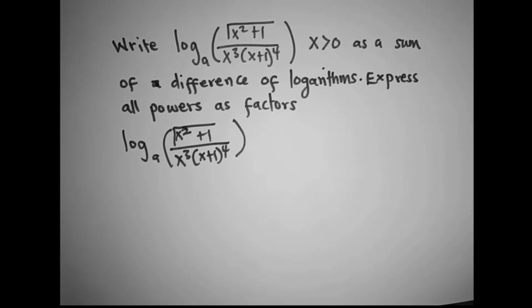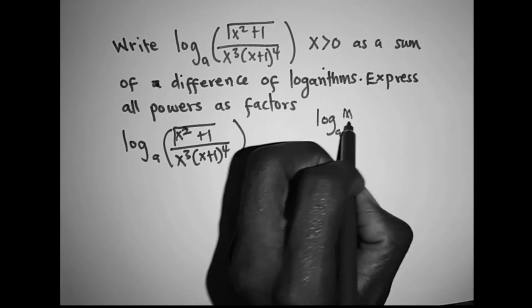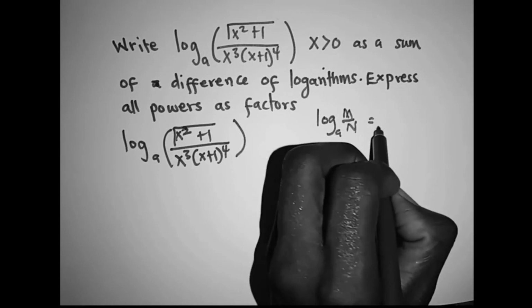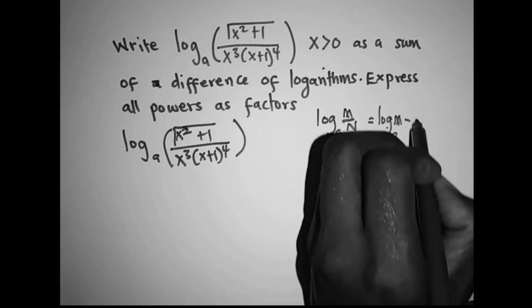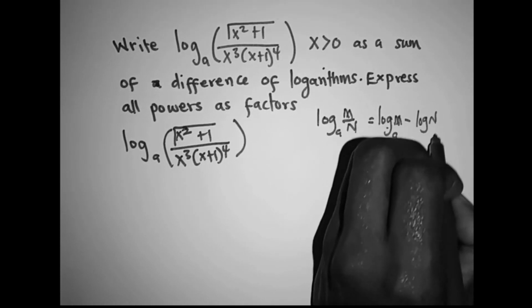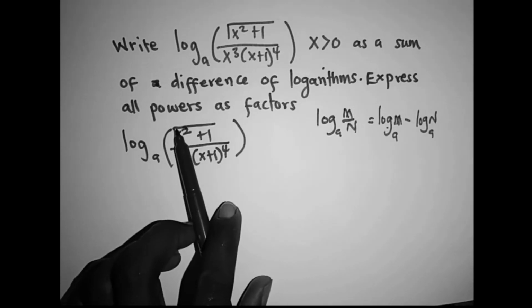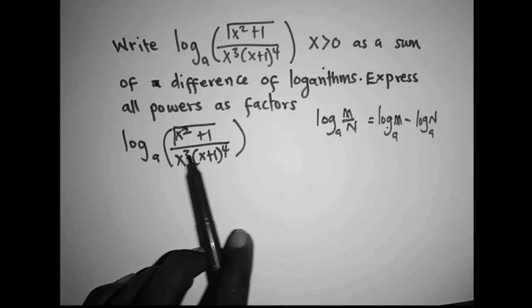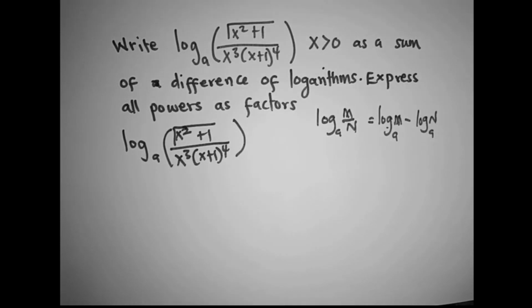So this is the log that we were given. Remember that log base a of m divided by n is the same as log m base a minus log n base a. So that's what we are going to use here. Since this and this are dividing, it's going to be the log of the numerator minus the log of the denominator.